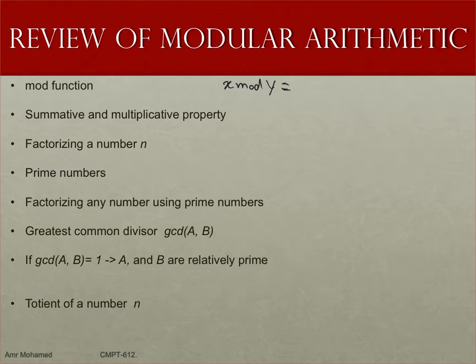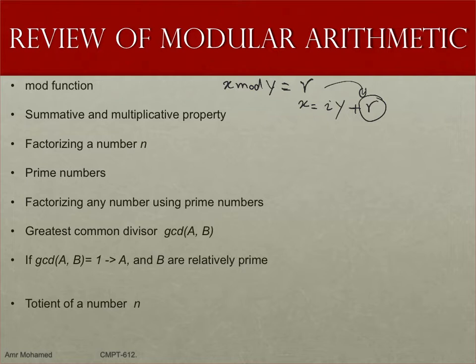Okay, so this means that x now can be represented as a linear operation of y, and the answer to this is r. So this r is actually the remainder of x divided by y. So that's obvious, we know that.